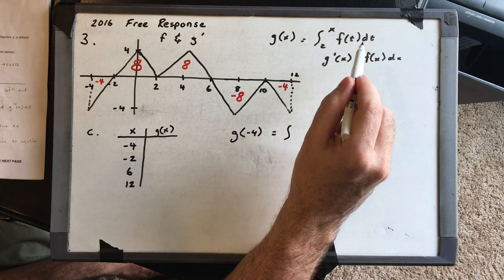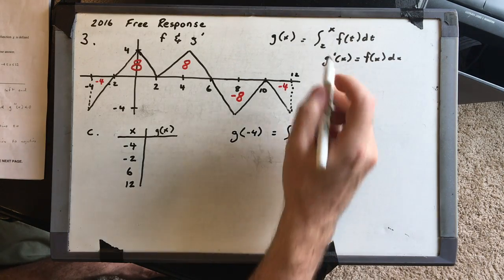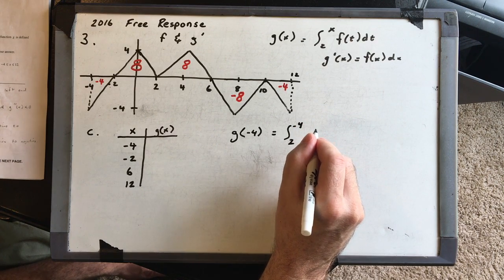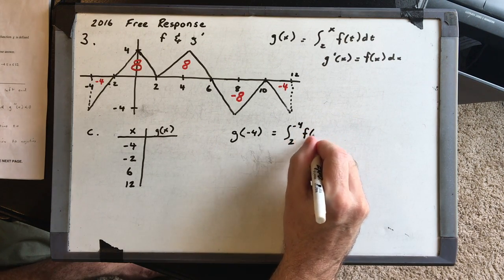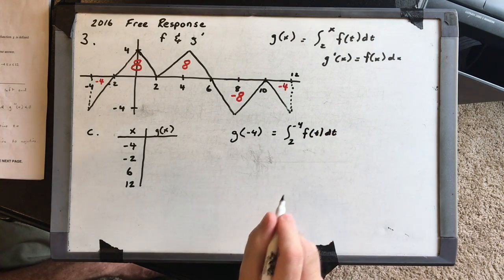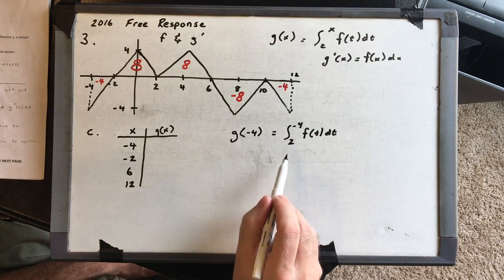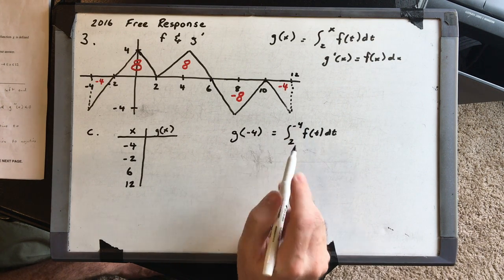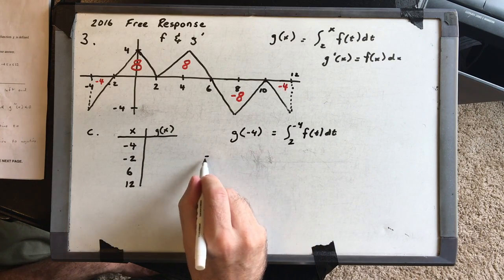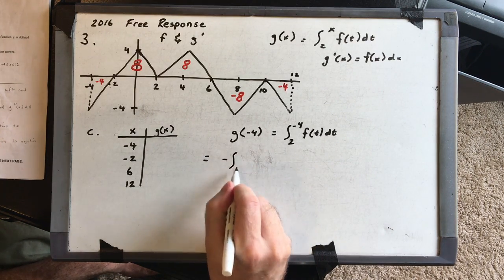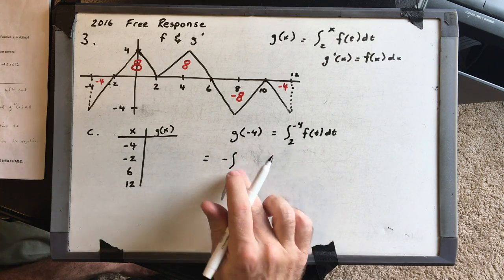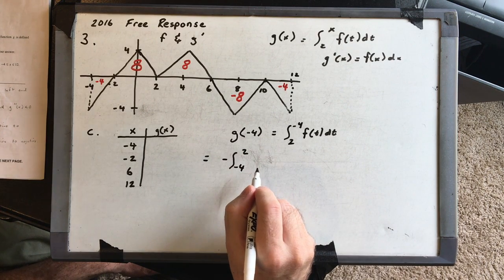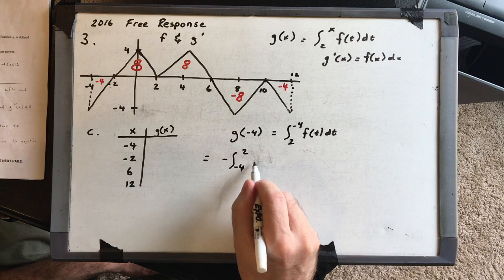So it's from 2 to -4 of f of t dt. Now we have to reverse this because we need the smaller limit of integration on the bottom, so that's equal to negative the integral from -4 to 2 of f of t dt.